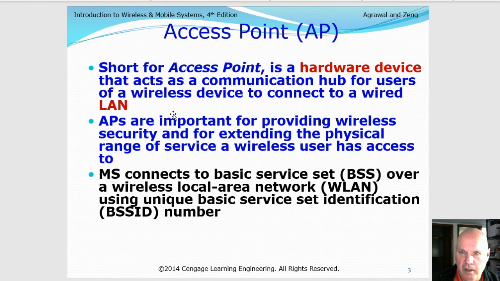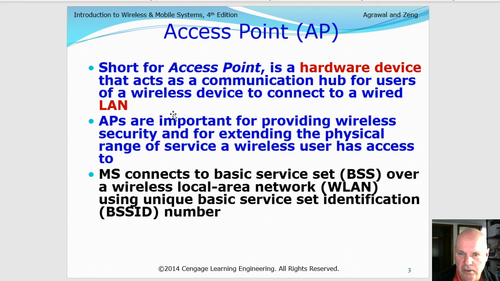AP is short for access point. It's essentially the radio that communicates in both directions with the mobile stations. They also provide security, and they can extend the range of the wired network that a user has access to.